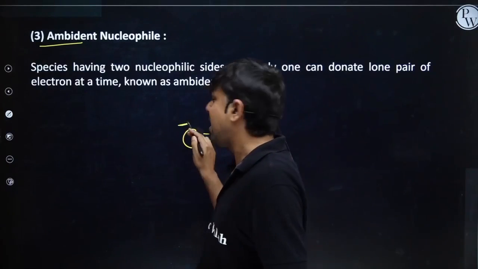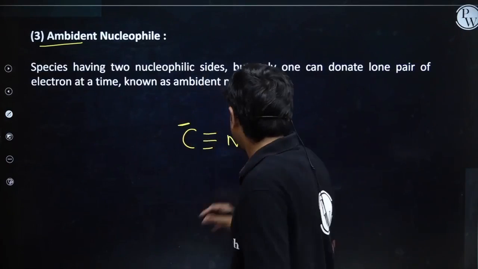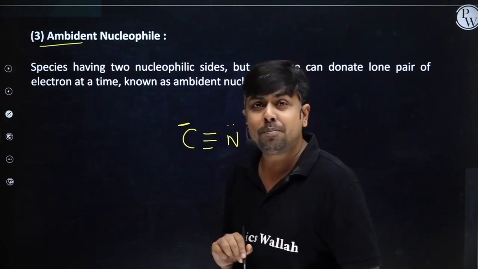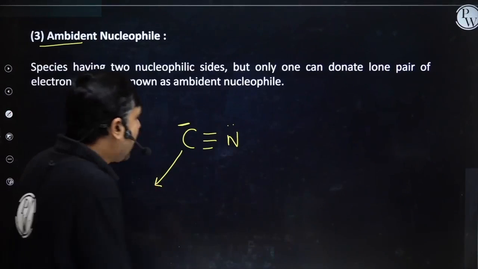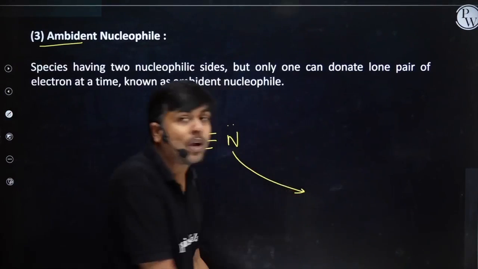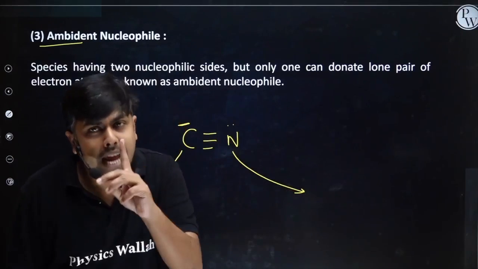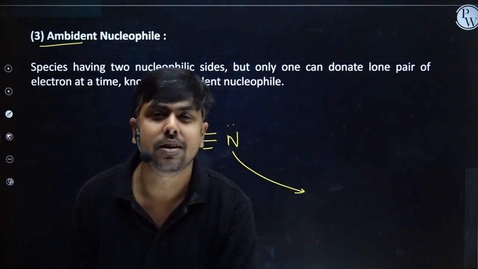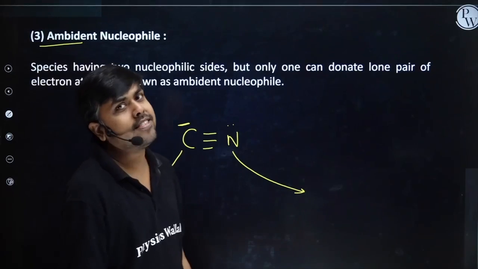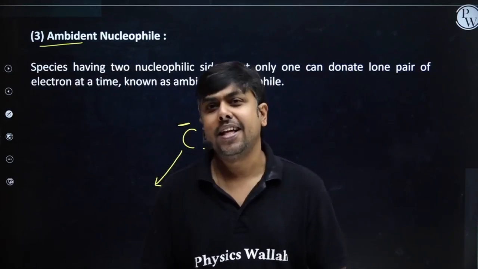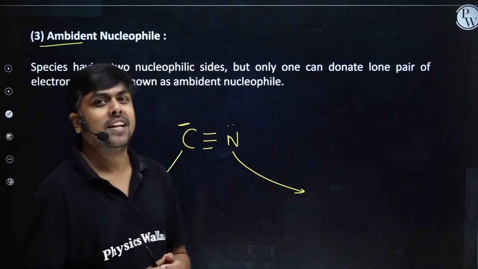On this carbon we have a negative charge. At the same time nitrogen has a lone pair. This carbon can act as a nucleophilic center, and nitrogen can also act as a nucleophilic center, but at a time donation will occur from only one side. Such a nucleophile is referred to as an ambident nucleophile. Am I clear, students? Let's move ahead.